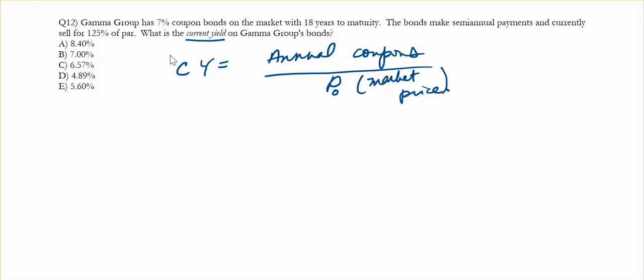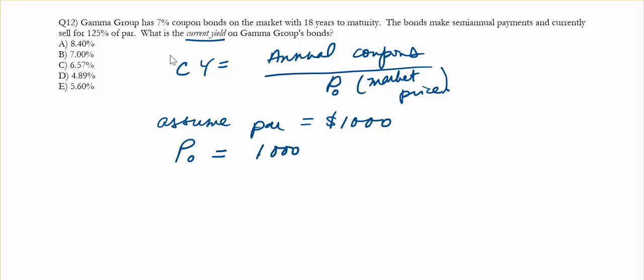And so I'm going to assume a par value of 1,000 like I usually do. Now if the bond is paying $1,000 par, then the market price, because it's selling for 125% of par, must be 1,250.